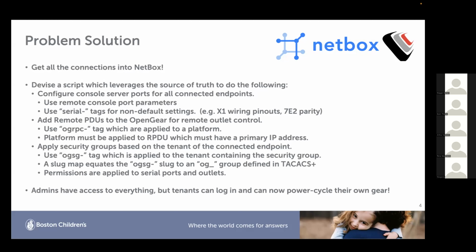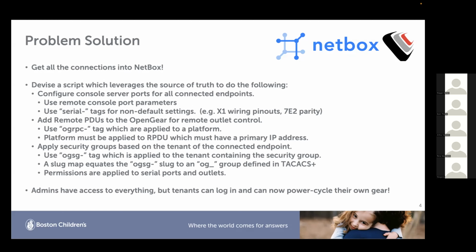So in a series of loops within loops, the system does a couple different things. It configures all the serial ports with all the parameters that are defined on the console port of the remote device it is connected to. We use a series of tags to define non-default parameters. So these are like a wiring mode change between, let's say, Cisco straight and Cisco rollover.